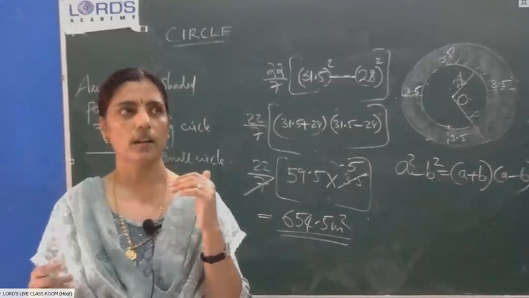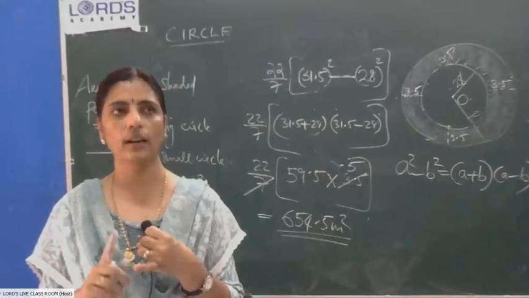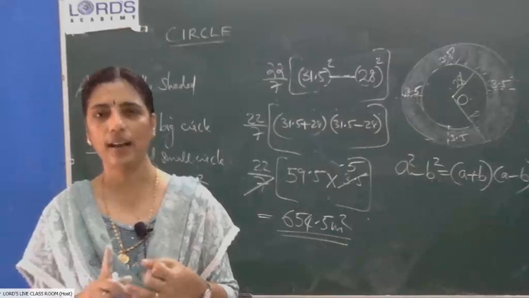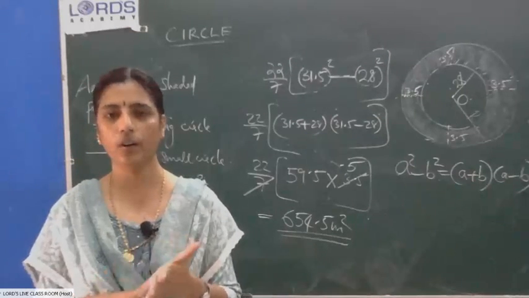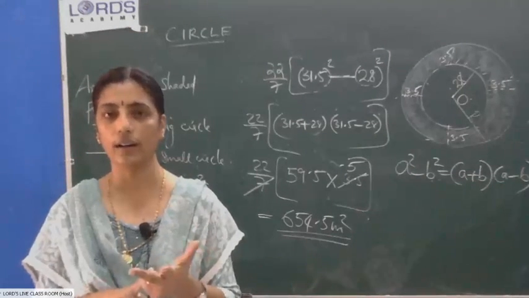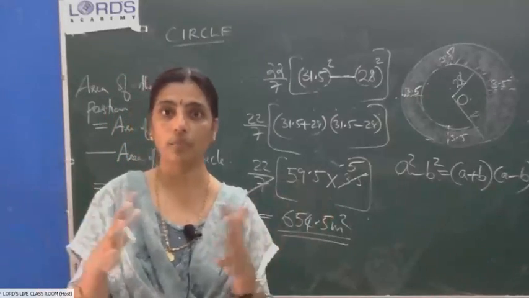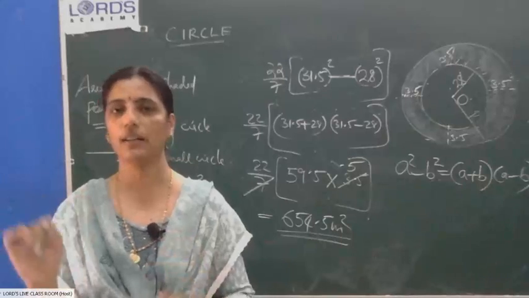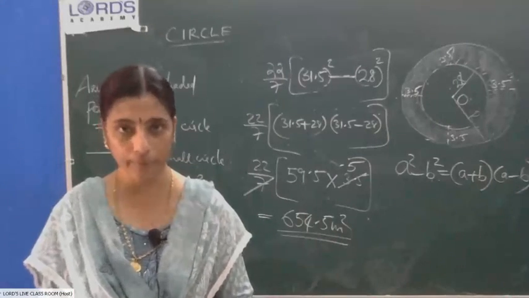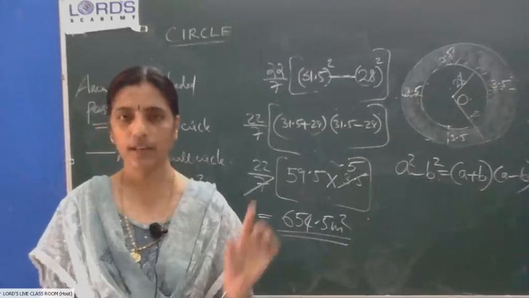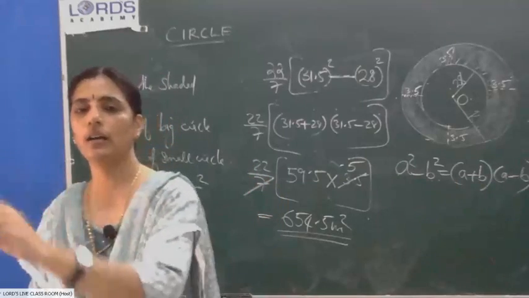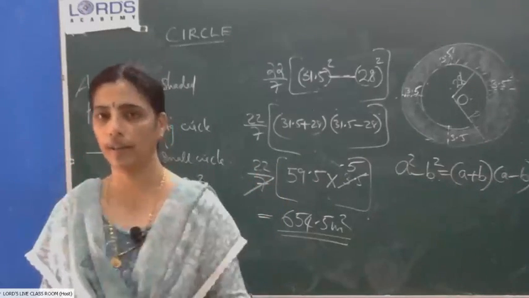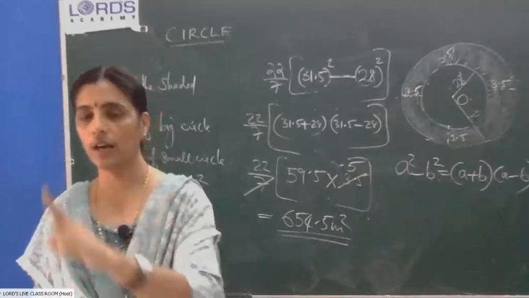Different types means quadrilateral, then pentagon, hexagon, heptagon, octagon, nonagon, decagon, like that. If the number of sides is more, different names they have given. So it's better to draw one picture and write the name also. Then what is meant by convex and concave polygon? Then what is the sum of the interior angles of a polygon?